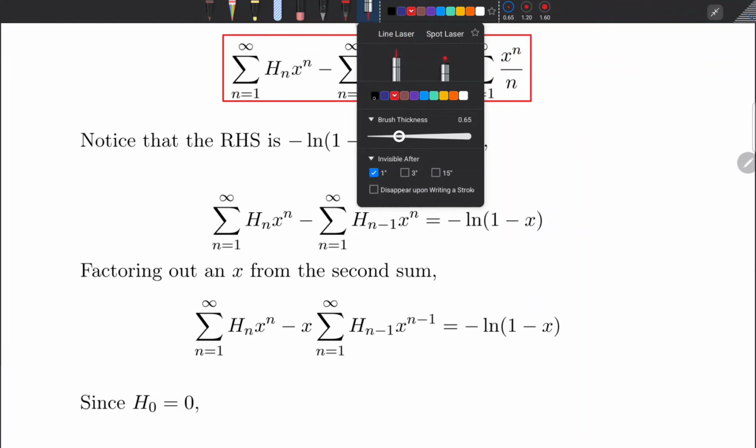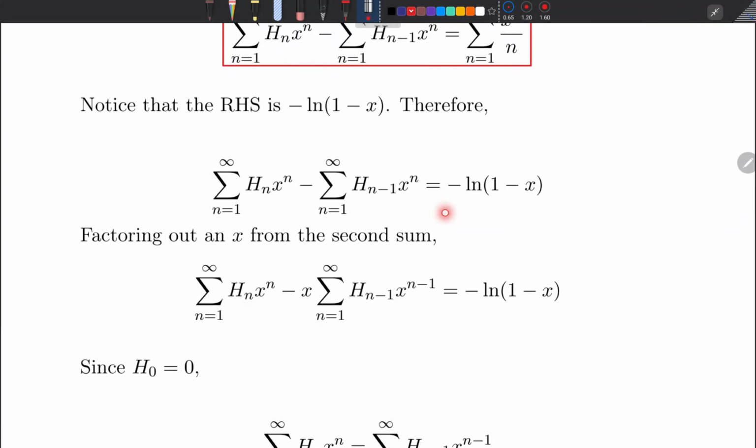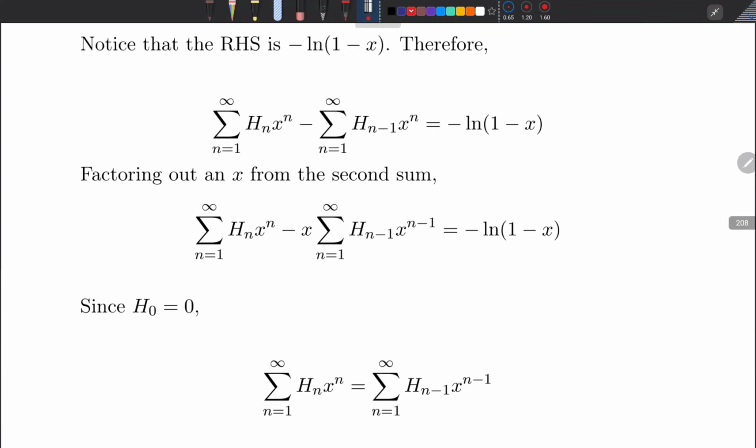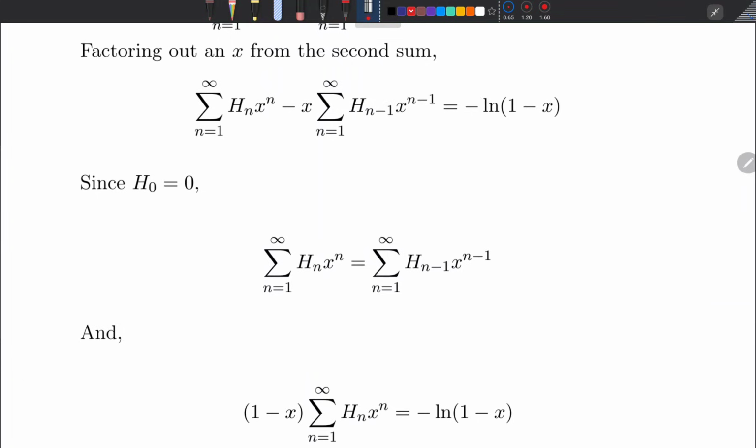Just recall that, right? So basically this can be written as something sort of that. And now we can factor out an x here, and write this as x to the n minus 1, right? And yeah, this part is right, because your n is going from 1 to infinity.